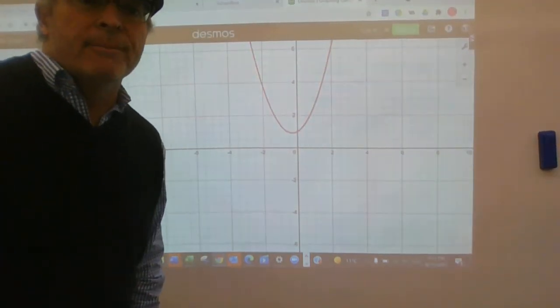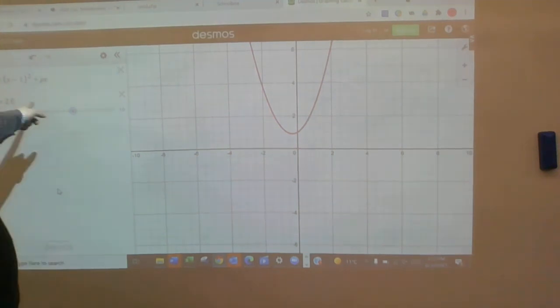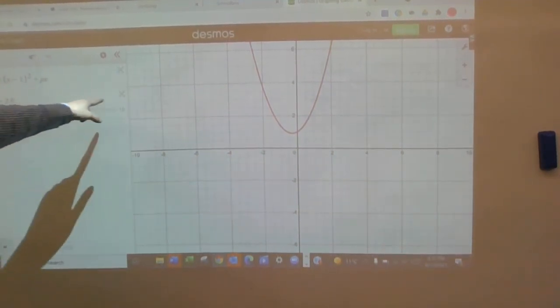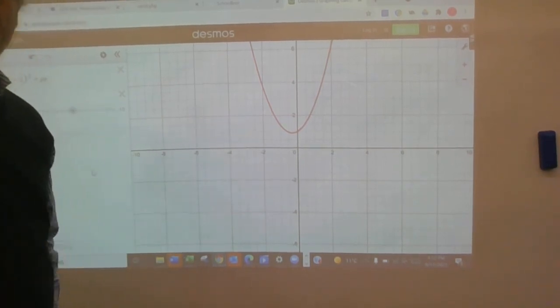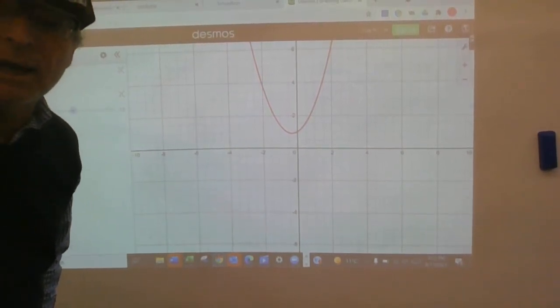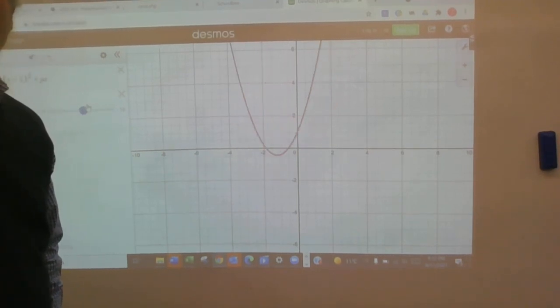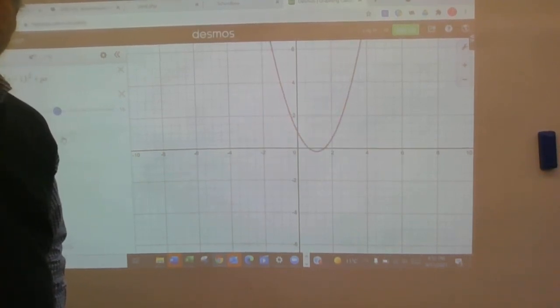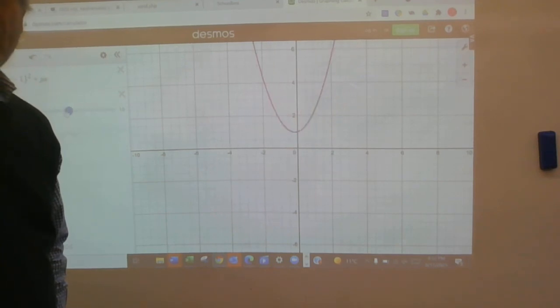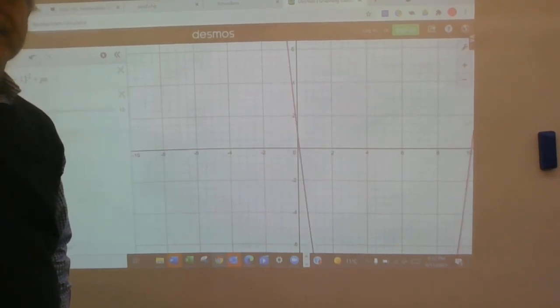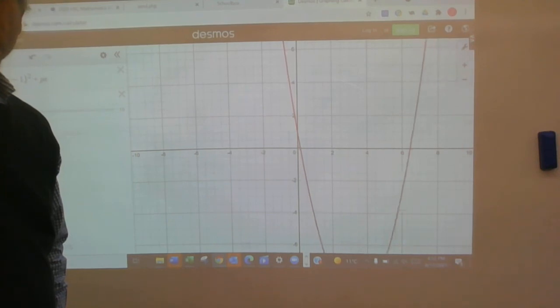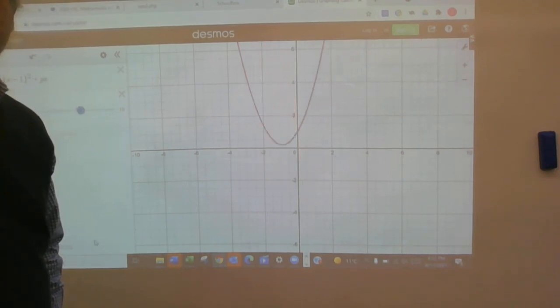And if I move this slider for P, then you should see this parabola move around. I'll move this slider for P, and the parabola is moving around, and its vertex is moving as a parabola as well. Its vertex comes up and goes down.